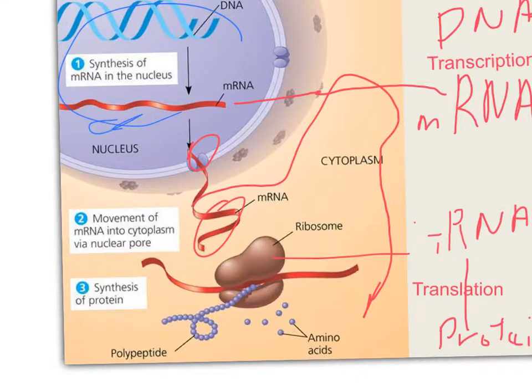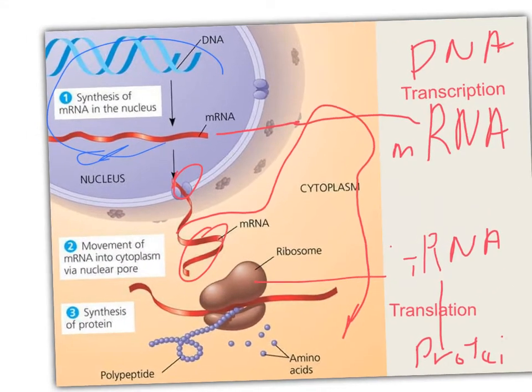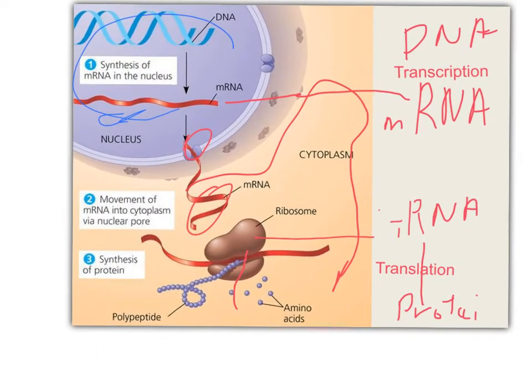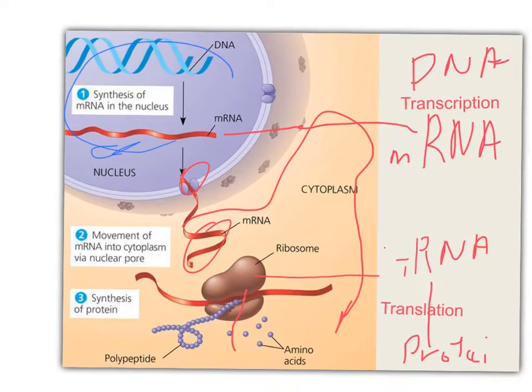Amino acids are essentially peptides, and they're strung together in a long polypeptide chain, like this. And this is what the protein actually is.